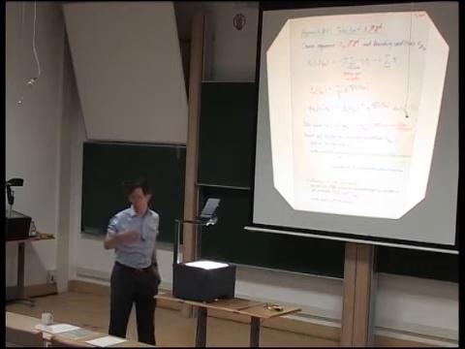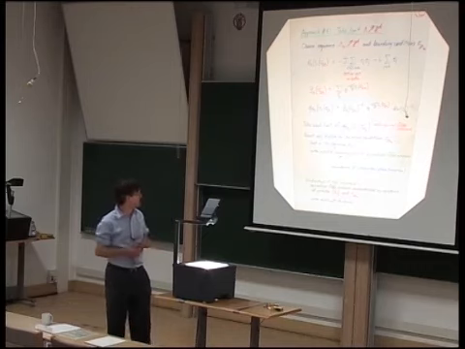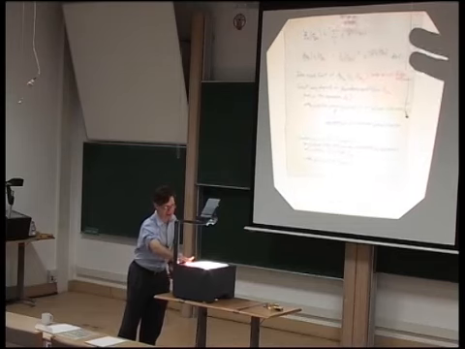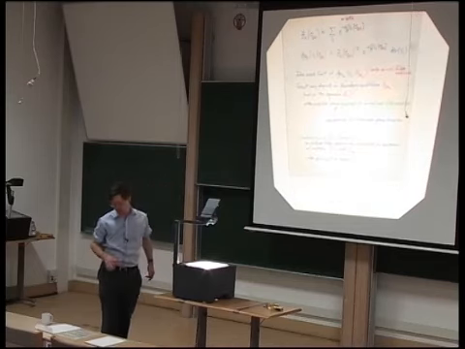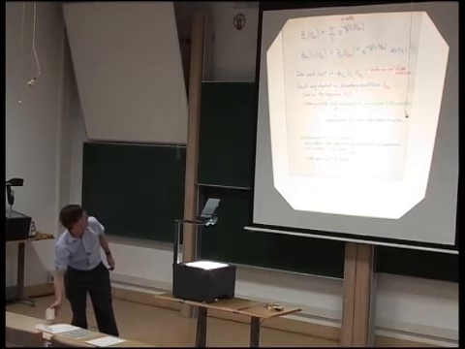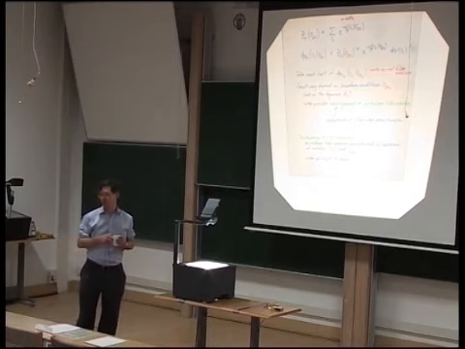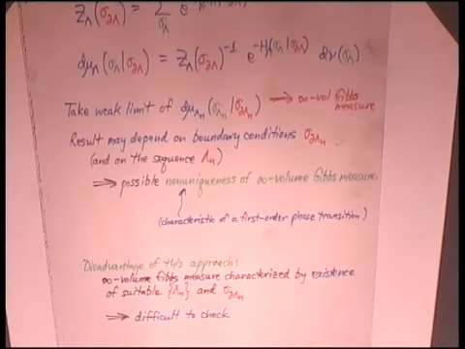And for each model, one wants to investigate what is the structure of the set of infinite volume Gibbs measures. As I mentioned at the end of last time, the disadvantage of this approach is that infinite volume Gibbs measures are defined by an existential condition, which is very difficult to check. You have to imagine all sequences of boxes and all boundary conditions.